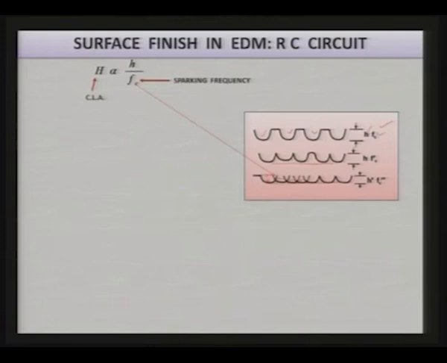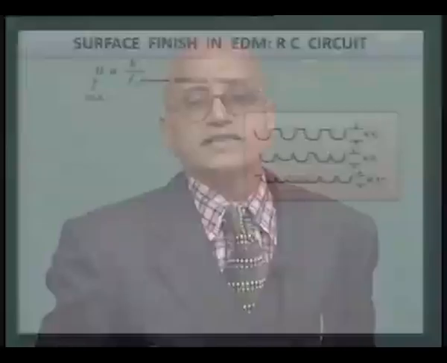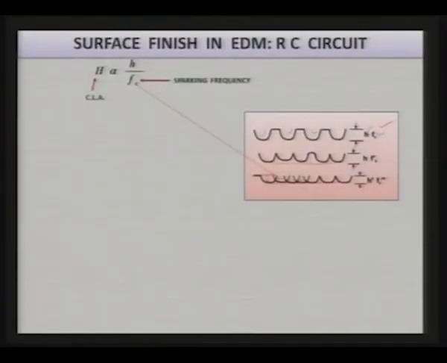You have already seen that if you increase the frequency of charging, the surface finish improves, and this is one of the reasons: the craters get overlapped with each other and their Ra value, or central line average value, keeps decreasing, as shown in this third one. Here the depth of the crater is reducing, and that is another reason why you are getting a better surface finish.